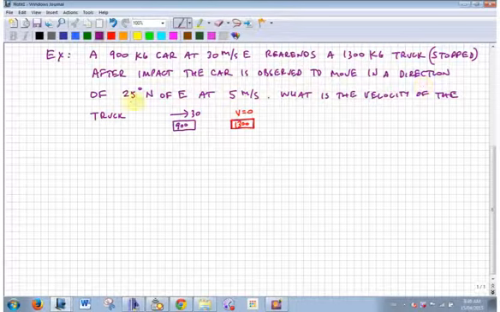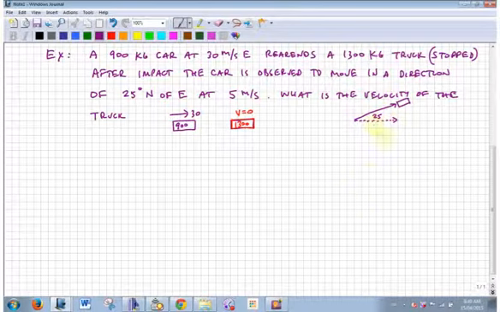Well, the car moves. It's not in one dimension anymore, 2 dimensions. So the car is moving 25 degrees. That's east. I want to go 25 degrees north of east. Okay? So that's the car.